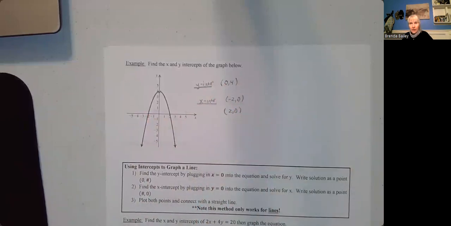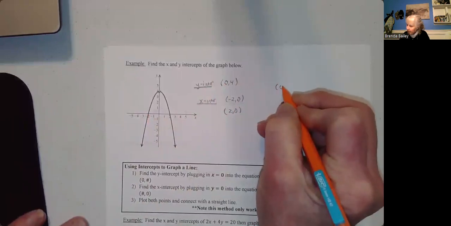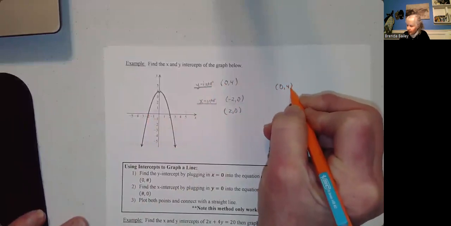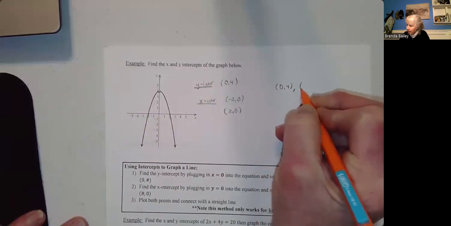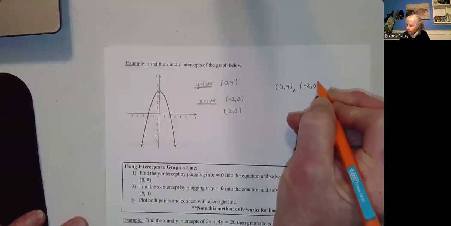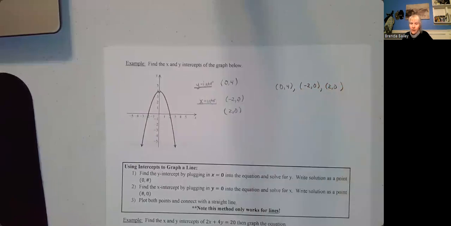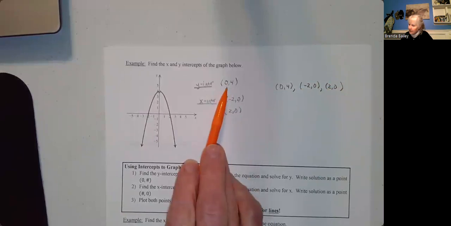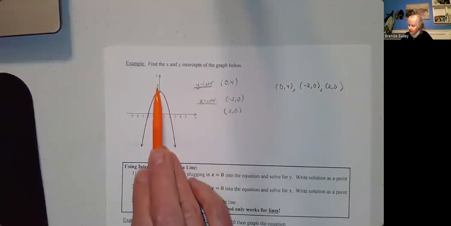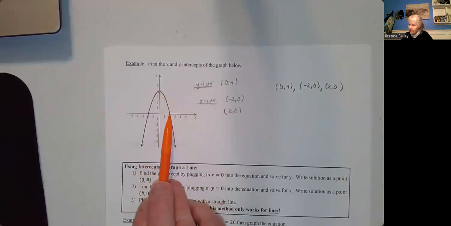So if Pearson were to say, find the intercepts, you would type in 0, 4 as an ordered pair, comma, -2, 0, comma, 2, 0. Those are the intercepts as ordered pairs. Here's the y-intercept, one, it hit the y-axis in one spot, but the x-axis, it hit in 2 spots.